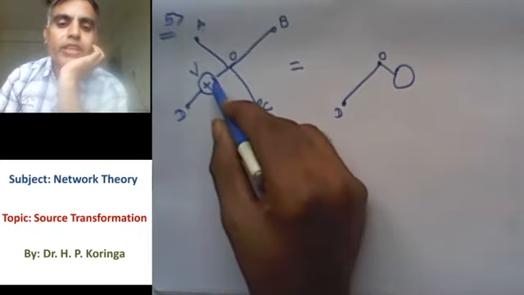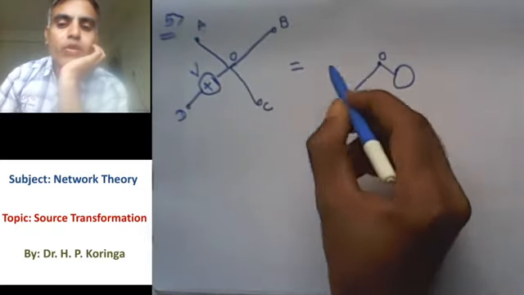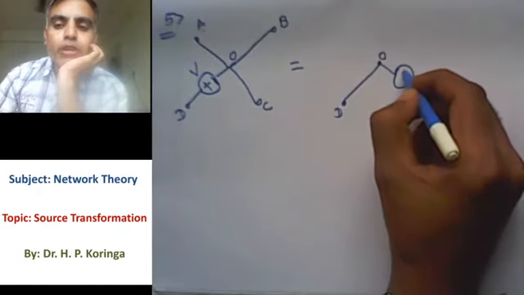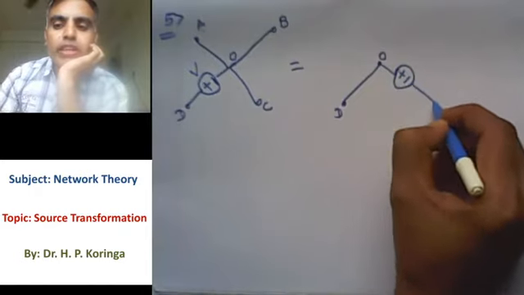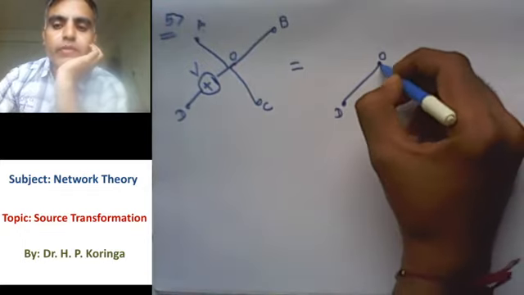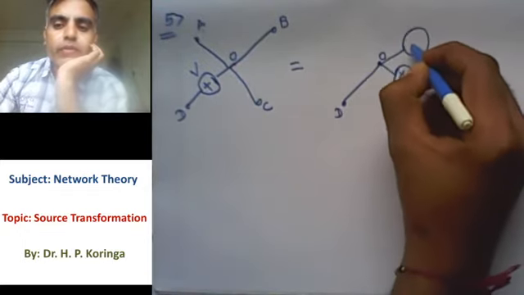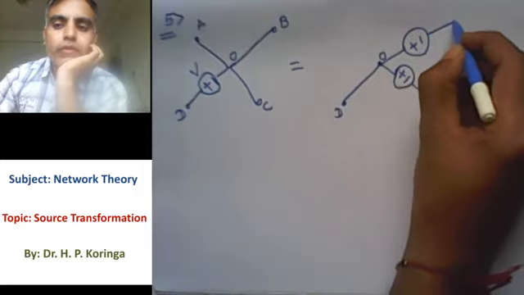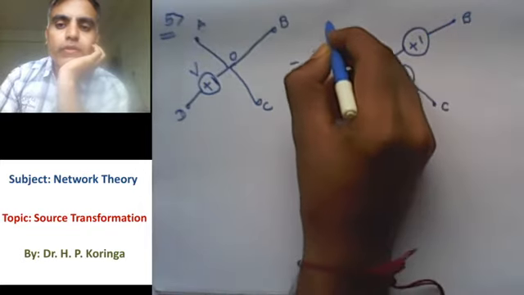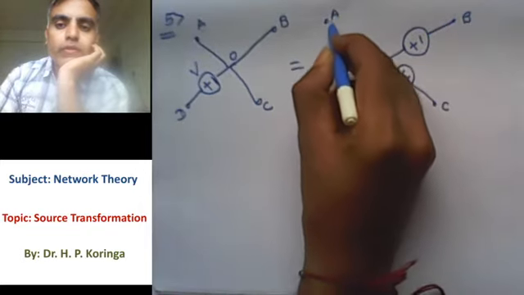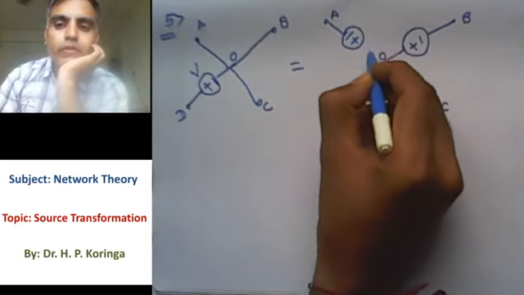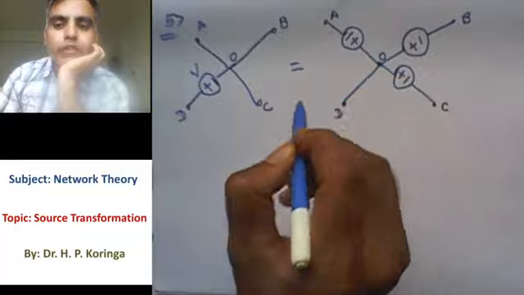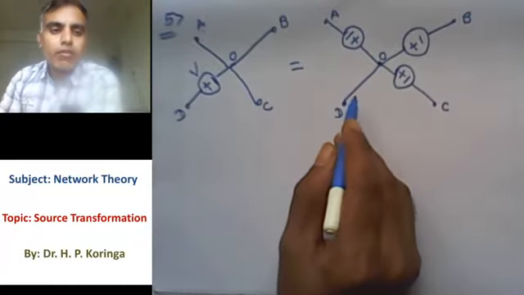Here the negative is toward the origin, so it is replaced by opposite polarity, positive toward the origin, in all the remaining branches. Both networks are equivalent.